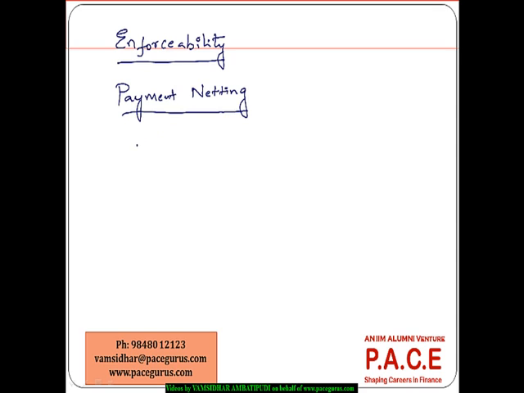So this is primarily applicable when any institution is either paying or receiving more than one cash flow in a day. During one single day, we are talking about paying or receiving more than one cash flow.